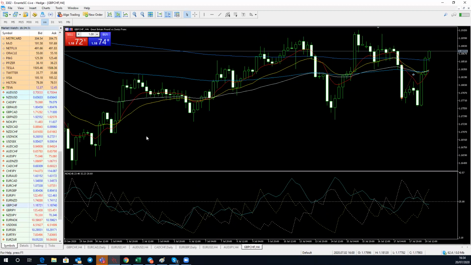GBP CHF, as you can see on the 4-hour chart, the ADX is not very strong. The candles are quite strong. So we also apply the stochastic to see whether or not we have a correction, because GBP CHF is on a buy.